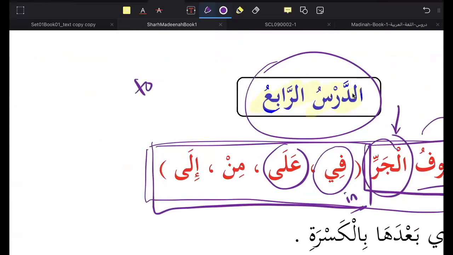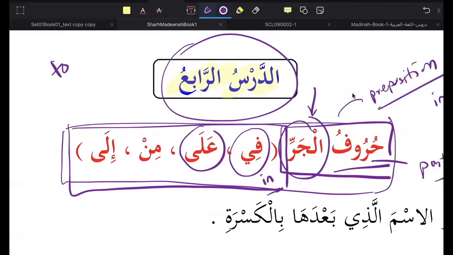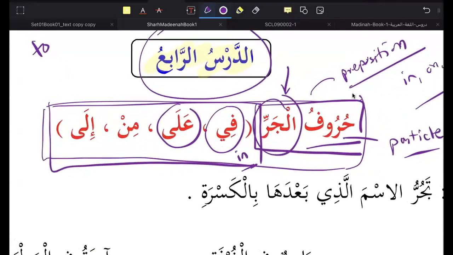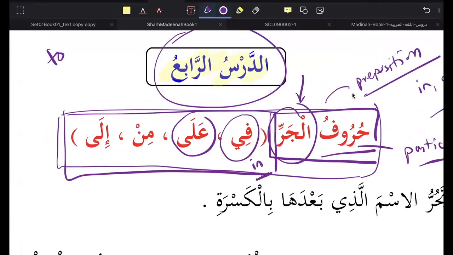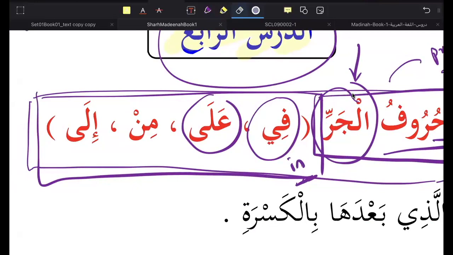For example, to may mean you're going towards somewhere, or it can mean something else. So the bottom line is that huruf don't give a complete meaning by themselves. They need another noun or verb to make the meaning much clearer. So the meanings we're giving you are the standard, general meanings. Keep that in mind.